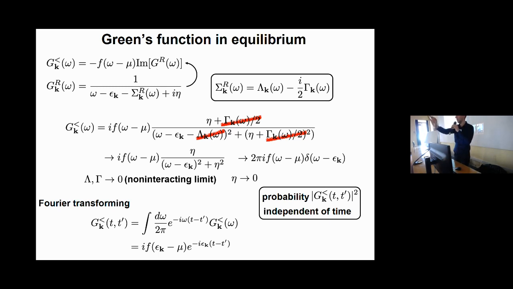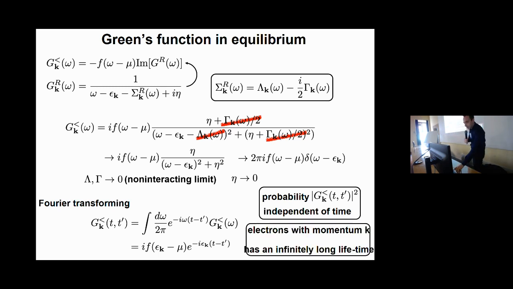The probability of getting the same state after a time t minus t prime is always the same, because this particle has no way to scatter against the other particles, because it doesn't interact with the other particles. Okay? So no decay in time means sharp peaks in frequency space.